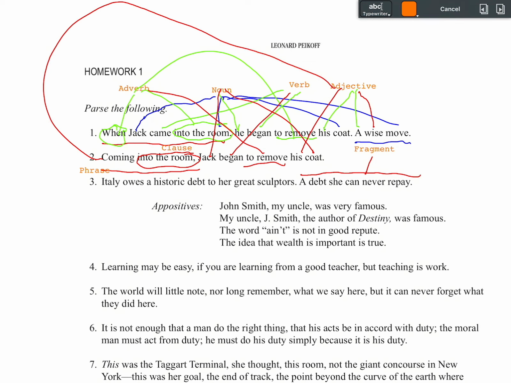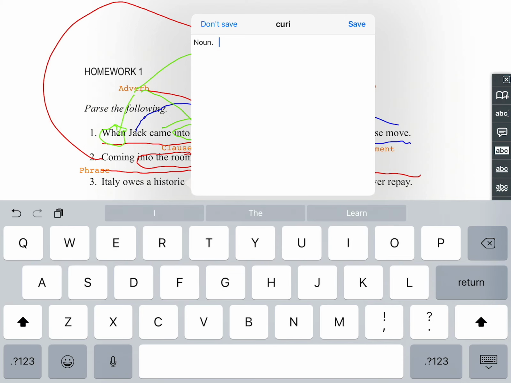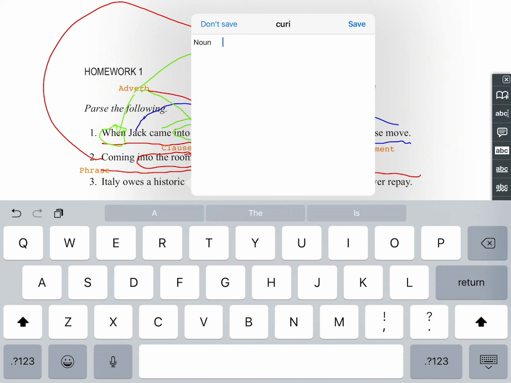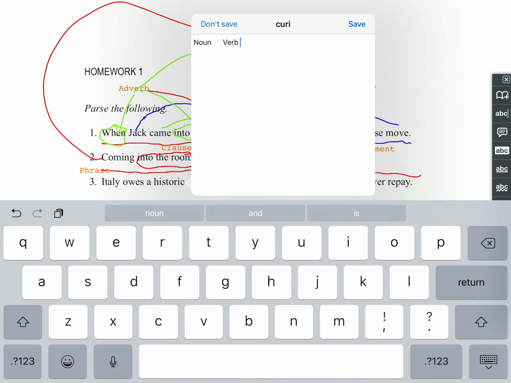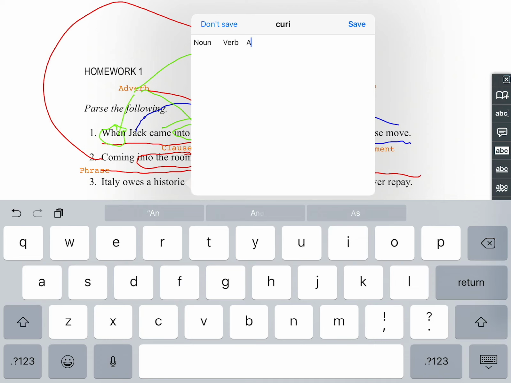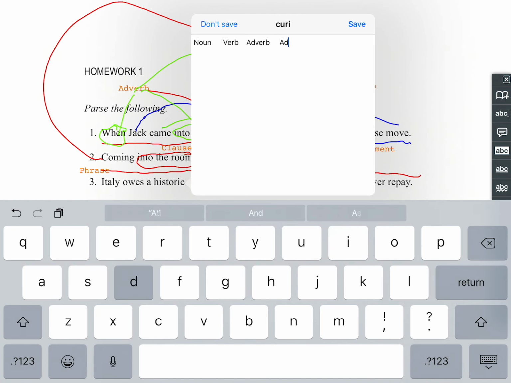Okay. Noun. I don't want a period. Verb. Adverb. Adjective.